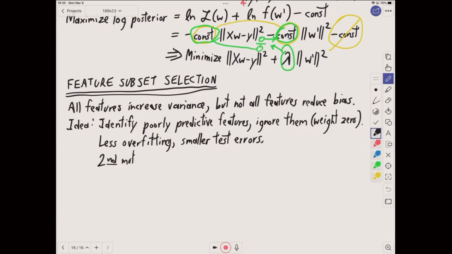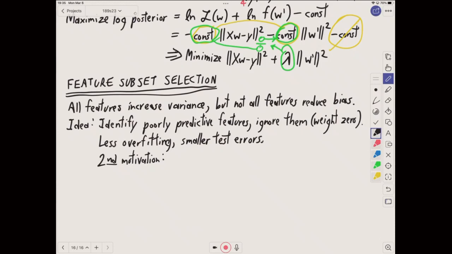There's a second reason why you might want to do this, which is, remember, sometimes we use machine learning algorithms to do inference. We want to not just classify or regress, we want to actually understand what the relationships are to our features and why.